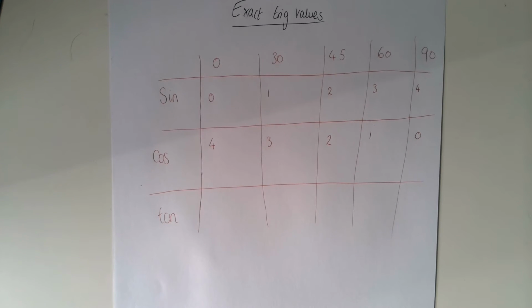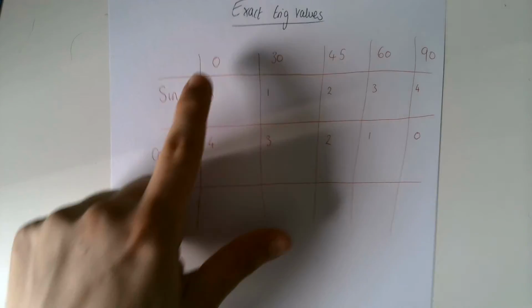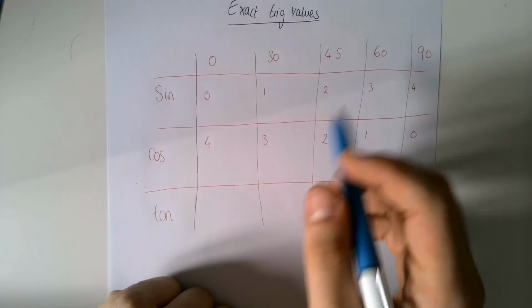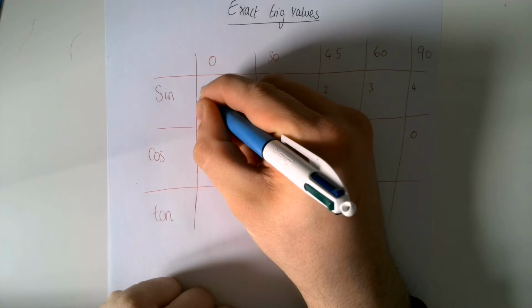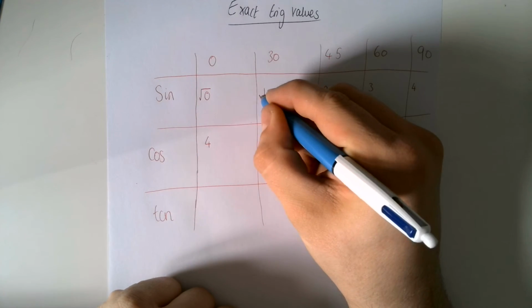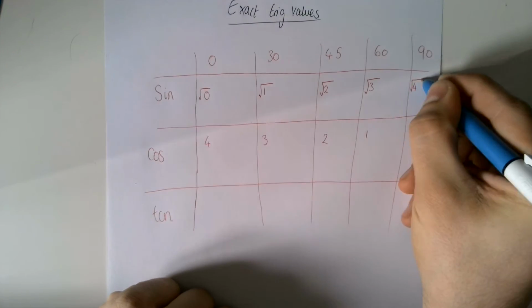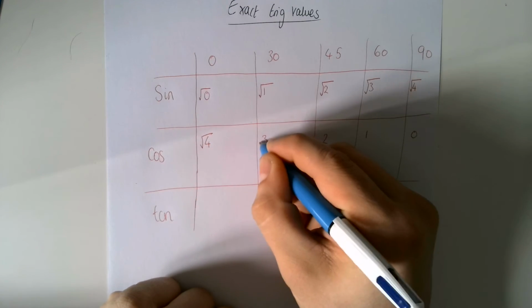Now the exact values, if you want to find the exact value of any sine or cos of any of these angles, what you have to do when you've got this table filled in is put a square root sign around every single one of these numbers.